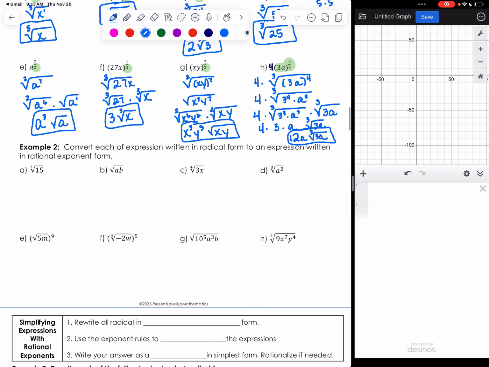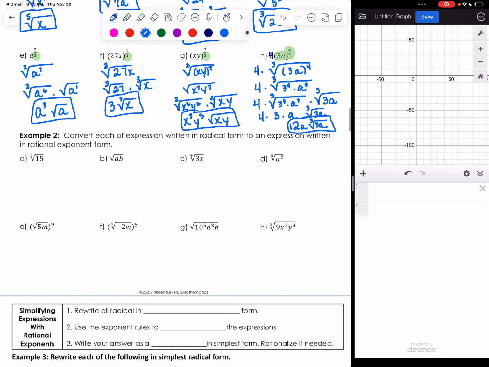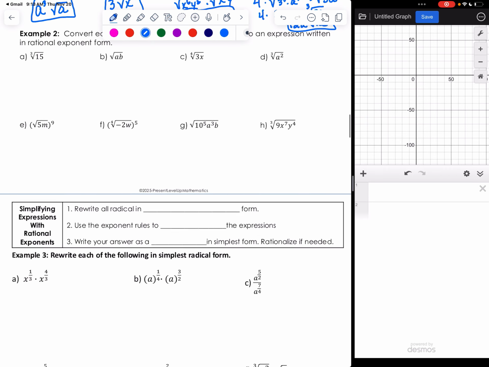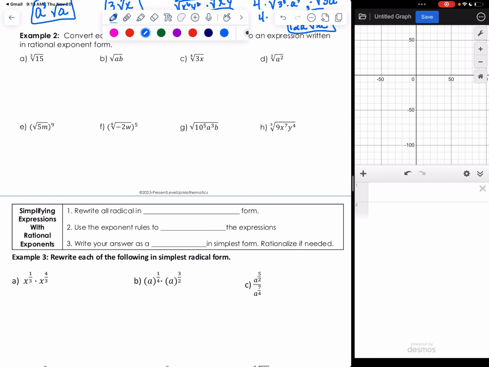All right, example 2. Convert each expression written in radical form to an expression written in rational exponent form. So in problem A, we have the cube root of 15. Now what I want you to notice is this is an understood power of 1. So we could rewrite this as 15 to the 1/3 power.